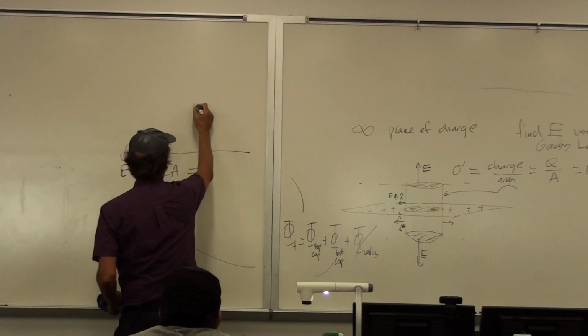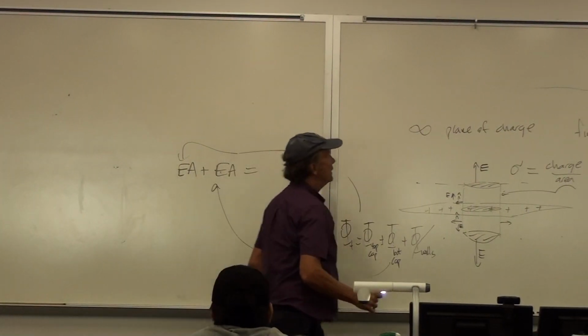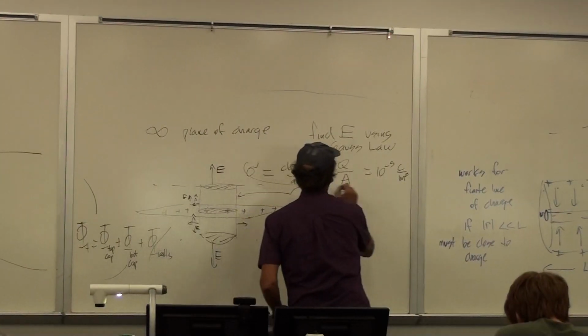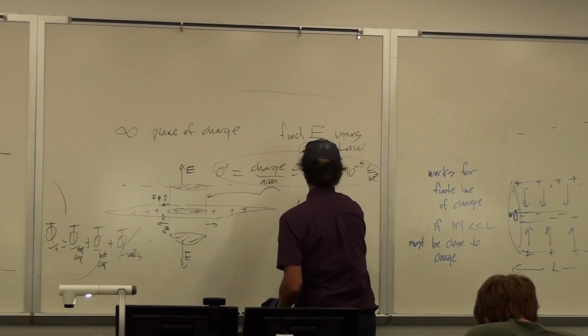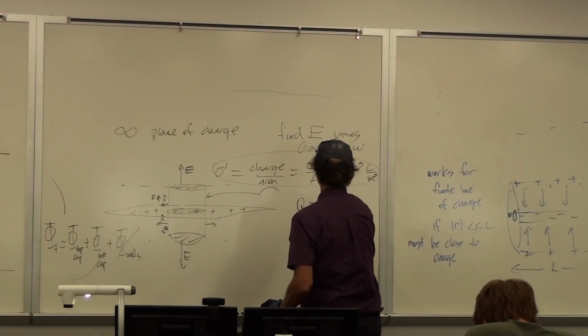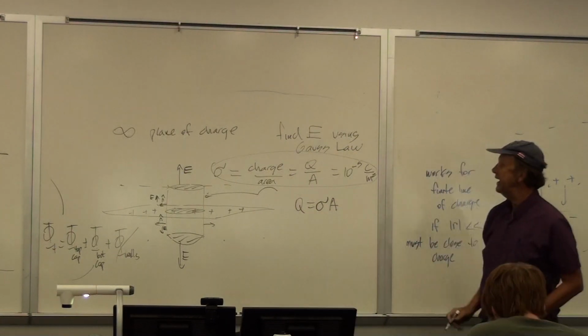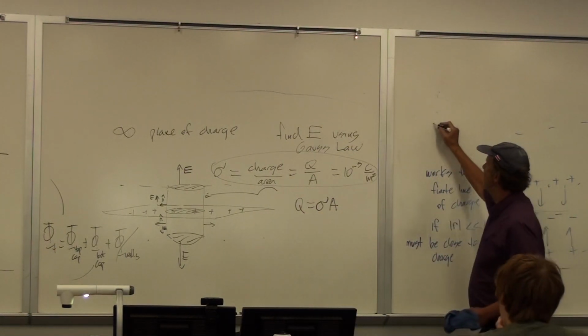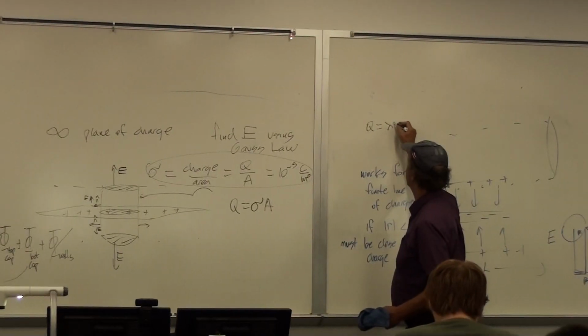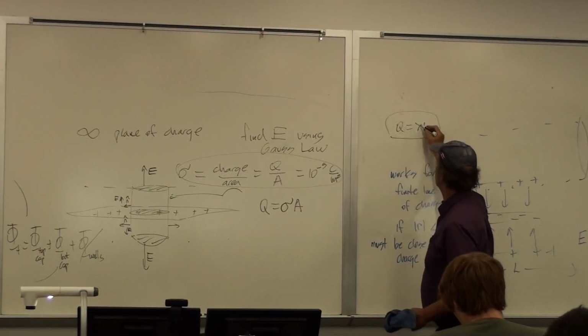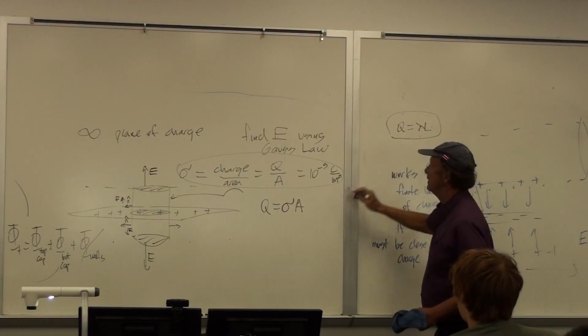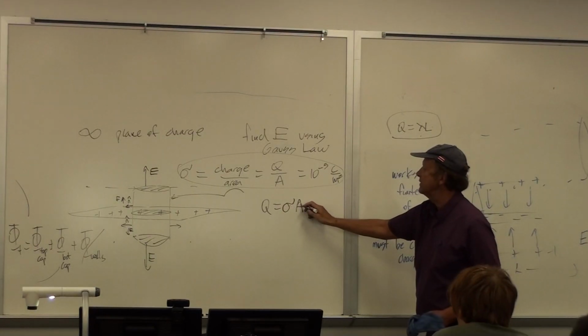Equals charge enclosed. Now in this case, because the charge is Q over A, I'm going to make charge enclosed equal to sigma times A. Before, with a one-dimensional charge, it was Q equals lambda L, charge per unit length times the length. This is charge per unit area times an area.